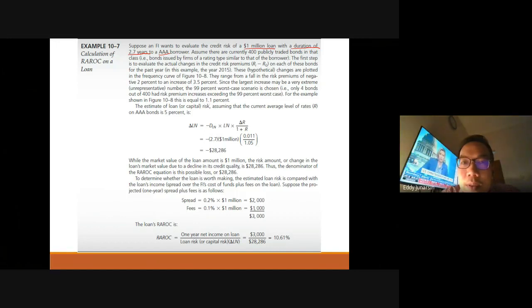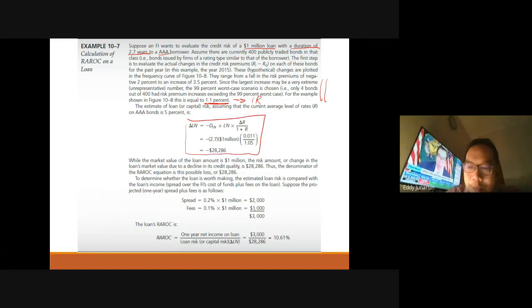So we are concerned that the interest rate will go up by 1.1. Based on the past information, they found out that there's a possibility that interest rate might go up by 1.1%. Okay, so based on the information, we could calculate the denominator.